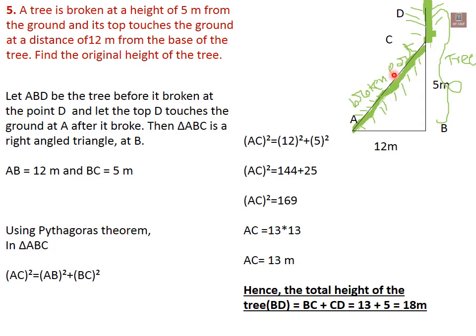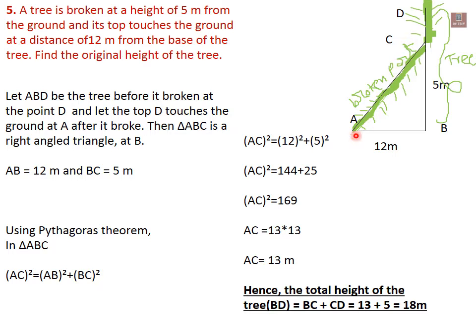Let us find out this broken part, how much it has been broken. This part can be found out by using Pythagoras theorem because it is forming a right angle triangle, isn't it? The right angle lies here, so this becomes the hypotenuse.